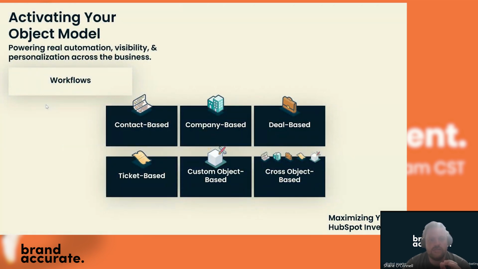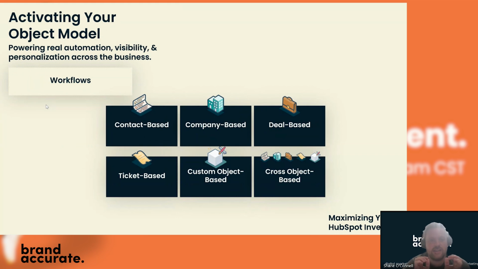These workflows, again, and this is why it's so important, if there's anything you walk away with today in this discussion, is that when you think of HubSpot, think of those objects. They're going to keep on coming back. So when we think about workflows, think about them all as based on objects.